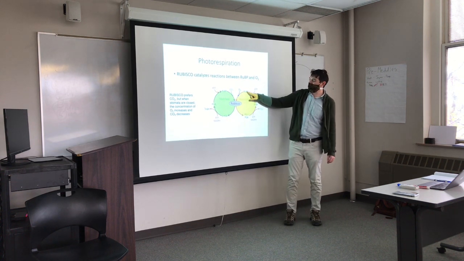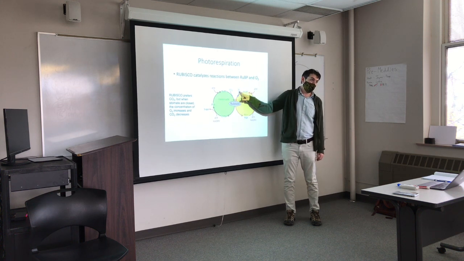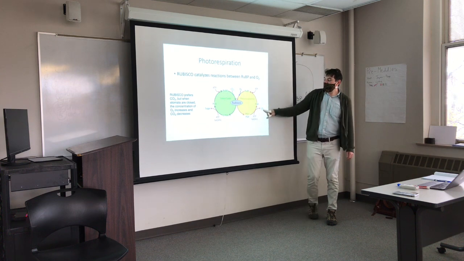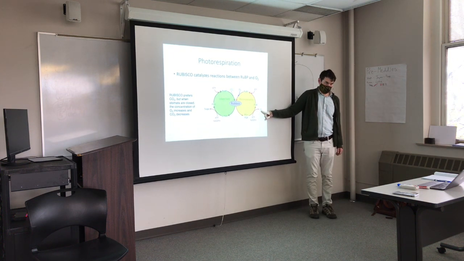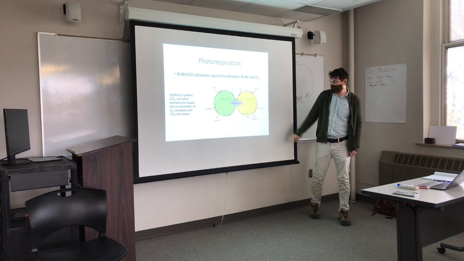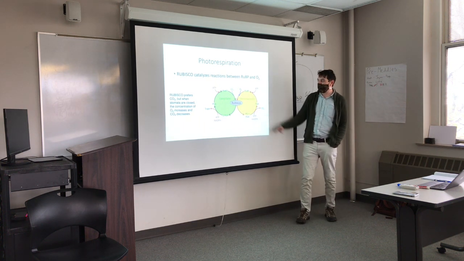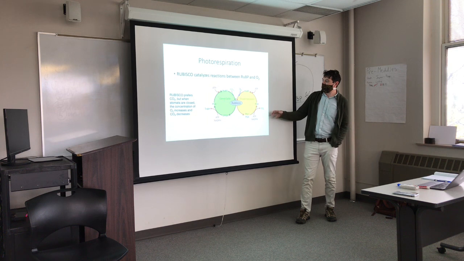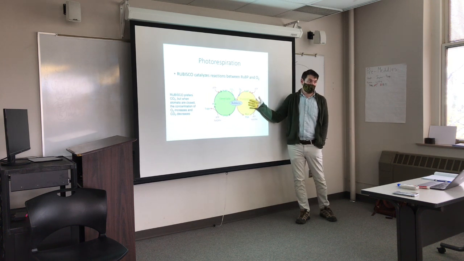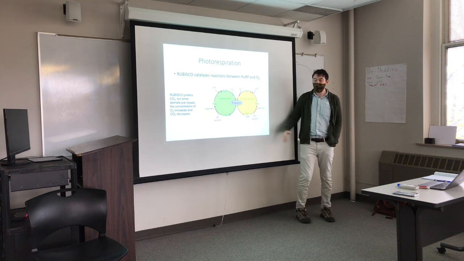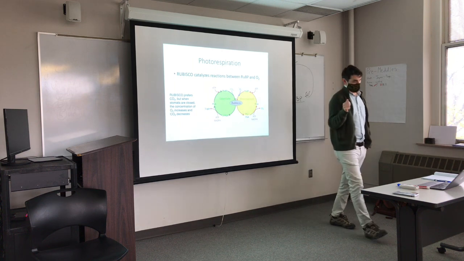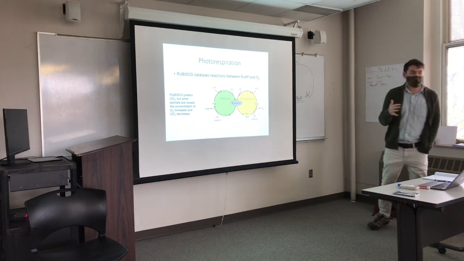If instead the RuBP reacts with oxygen, mediated by the Rubisco enzyme, CO2 is produced instead of sugars. You get some PGA that can be used for regeneration of RuBP, but this costs energy, just like the Calvin cycle does, and you don't get sugars out of it. So it's a problem for the plant.